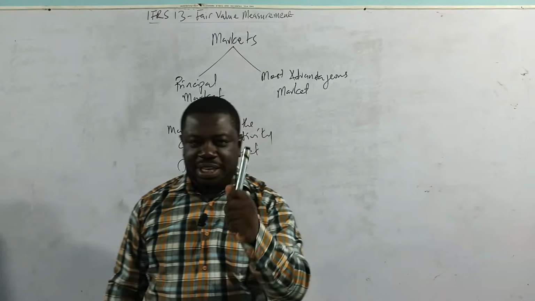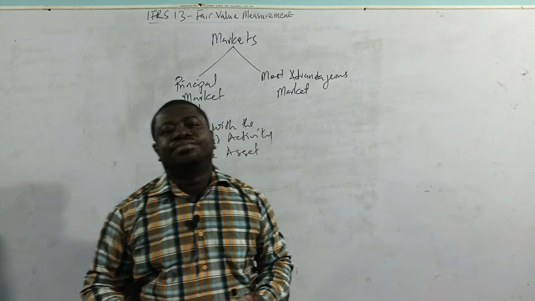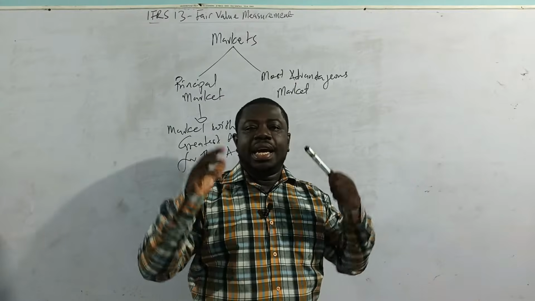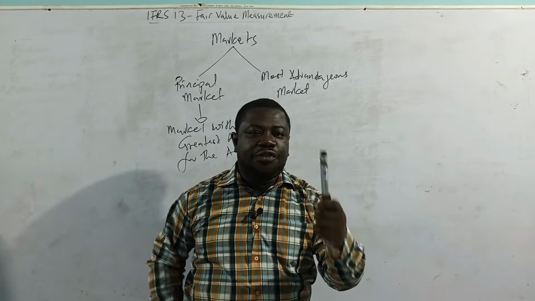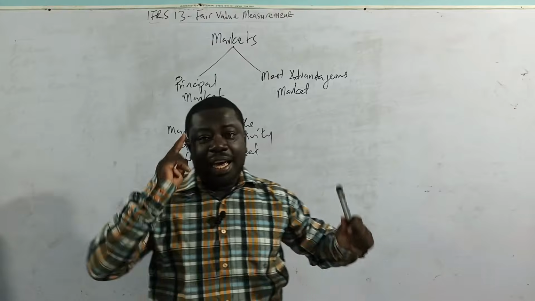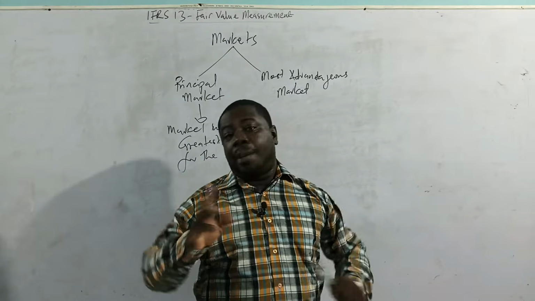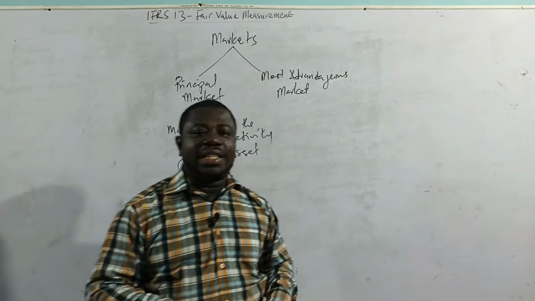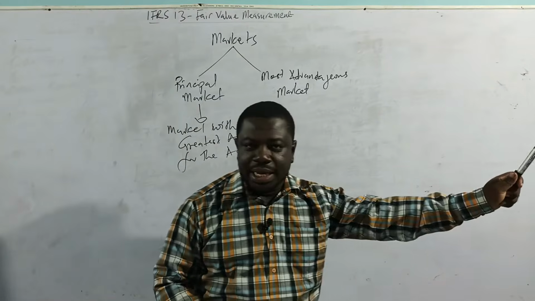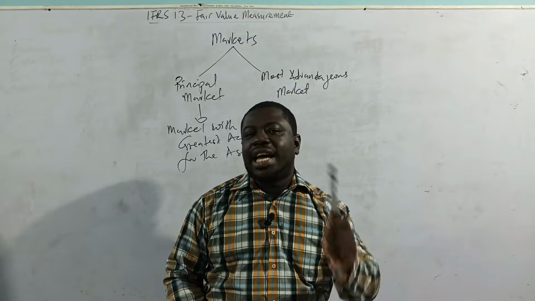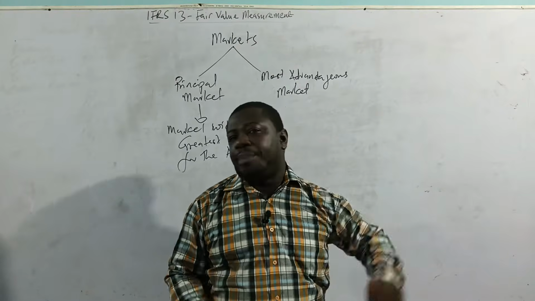So if the greatest activity for sale and purchase of this asset is done in market A, but in market B, the sale and purchase of it happens once in a while, then we are saying that the principal market will be market A because the greatest activity for that particular asset is happening on that market.